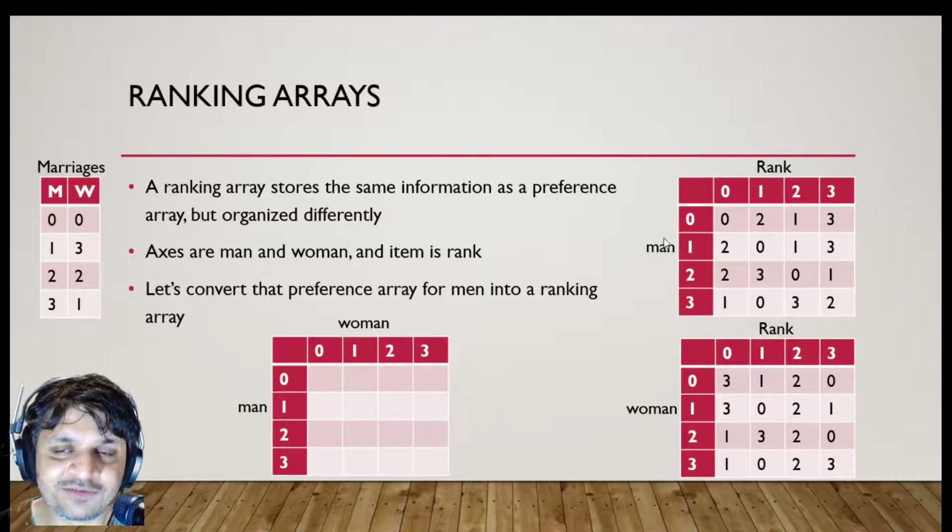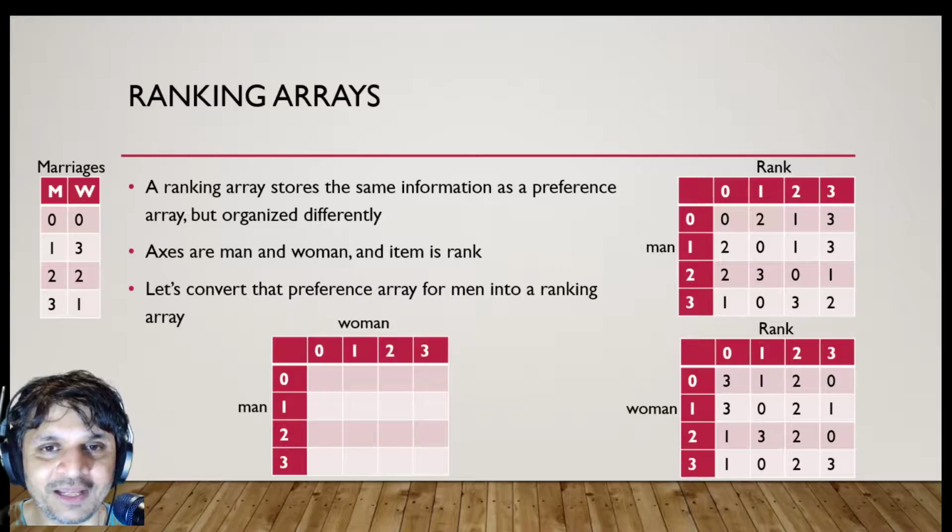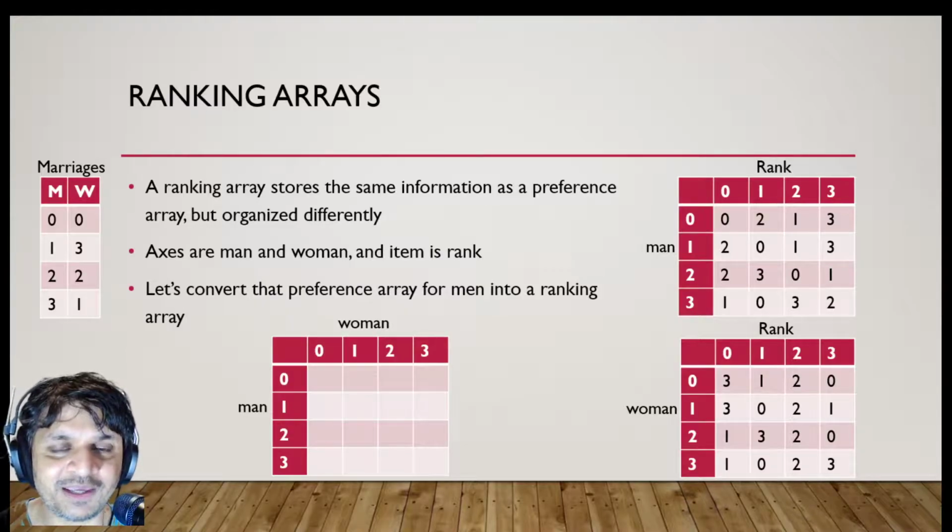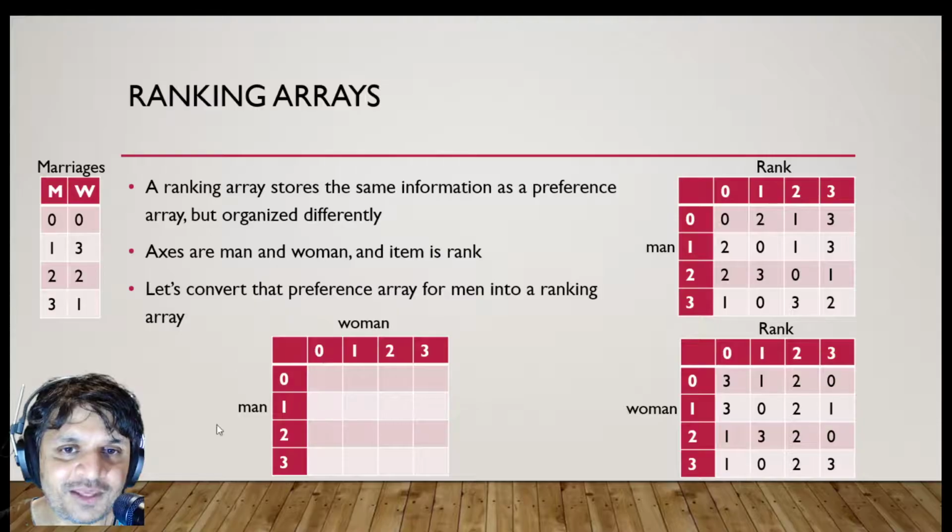That means it's really efficient if I want to look up man naught's favorite woman, or his least favorite woman, because I can just go index naught on the y-axis, index naught on the x-axis, and look it up. But that's not what I care about. What I care about is comparing the man's ranking of 2 women. So I instead construct an equivalent array where the axes are the man and the woman, and the item is the rank. I've sort of rotated it in 3D, if that makes sense.